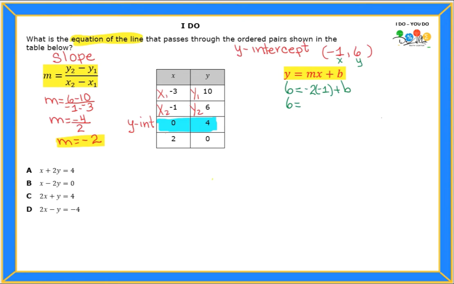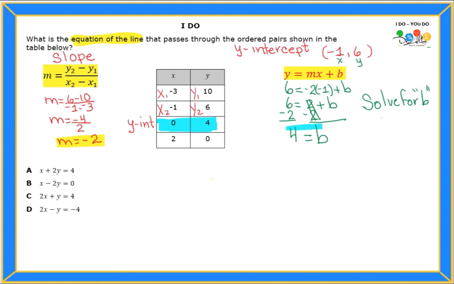Negative 2 times negative 1 gives me a positive 2, plus b. I need to leave b by itself. Remember, we call this solving for b, where b is the y-intercept, if you recall. So I need to get rid of the 2, so I'm going to subtract 2 on both sides. My 2's cancel, and I get b equals 6 minus 2, which is 4.